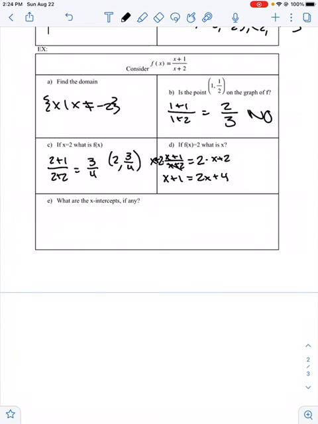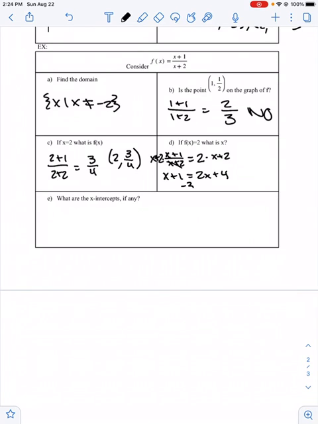And then I'm going to solve. I'm going to subtract 4 from both sides and subtract x from both sides. So I would end up with -3 equals x. And so our point is -3, 2.